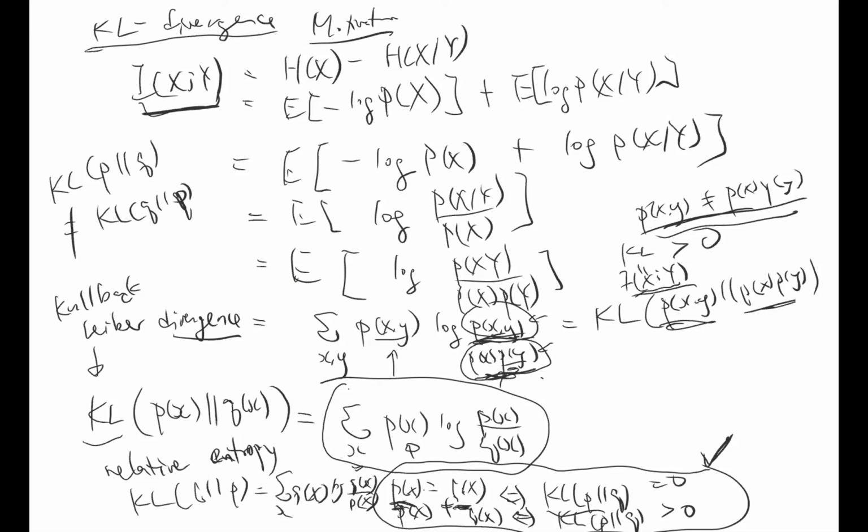Basically, when pxy is equal to pxpy, the mutual information is equal to 0. And we can say the same thing for conditional mutual information. Remember, this should be equal to something like that. I will just jump to the end.